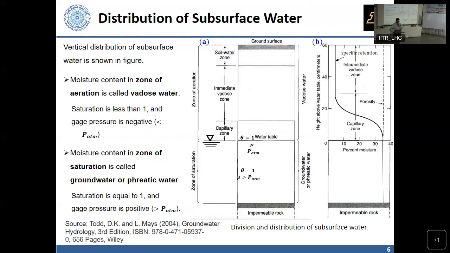If you have very fine pores, because of capillarity, the pores are going to be saturated, but under pressures less than atmospheric, up to a certain height above the water table. If I think of the water table as the location where the pressure of water is equal to atmospheric pressure, then indeed there is a capillary zone where the soil is completely saturated, but water is under pressures less than atmospheric.